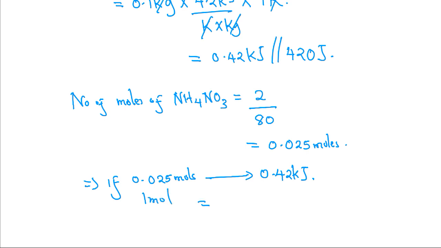So that is 0.42 kilojoule by 1 all over 0.025 mole. So divide by 0.025, and that is 16.8 kilojoule per mole.